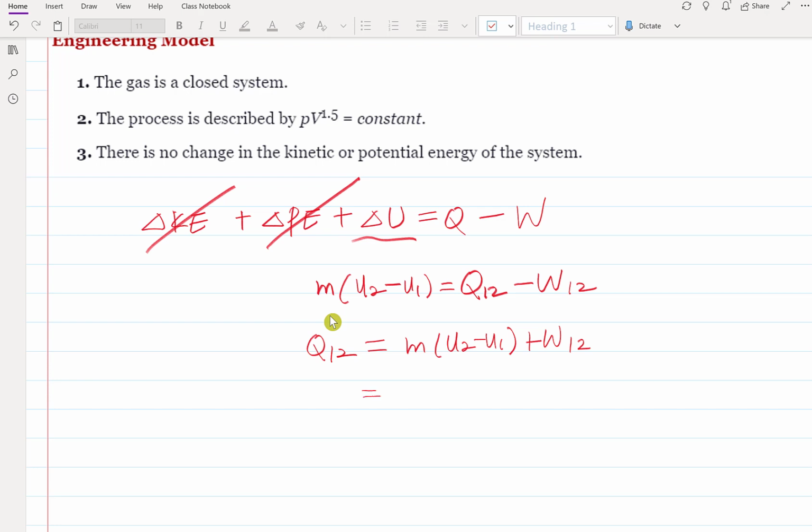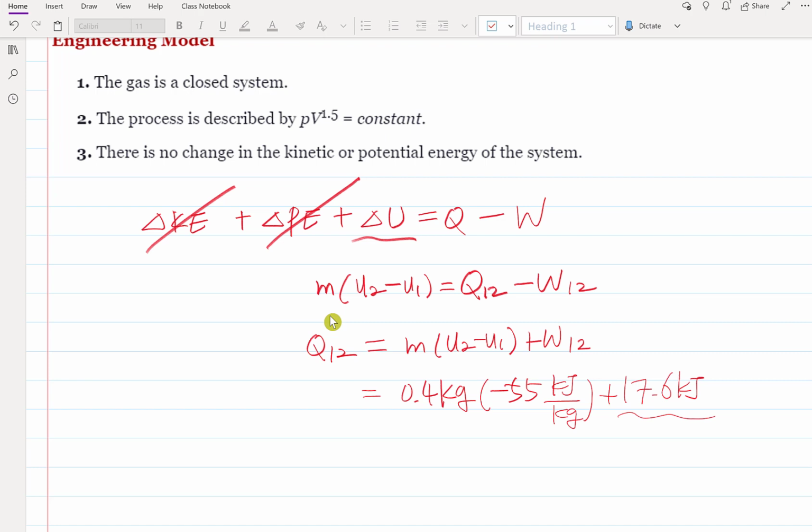So mass is given as 0.4 kilogram. Specific internal energy change is negative 55 kilojoule per kilogram. Work is 17.6 kilojoule. W1,2 was already calculated in example 2.1.